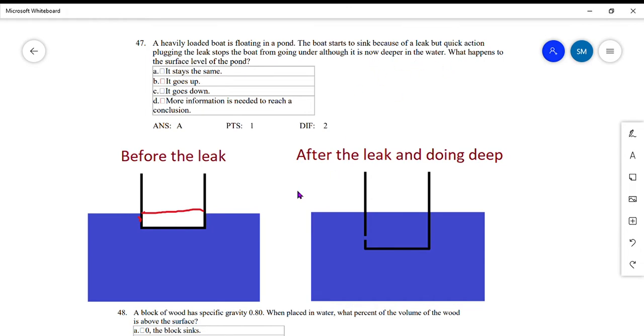In this case, the container goes down and the water enters the container, and the space or the volume under the surface of water will be full of water. But when the container is full of water, it goes down.